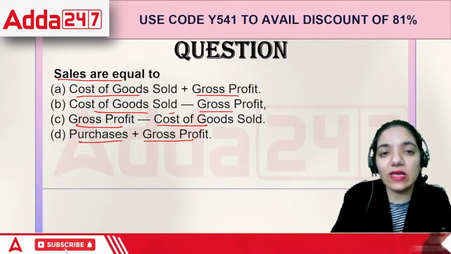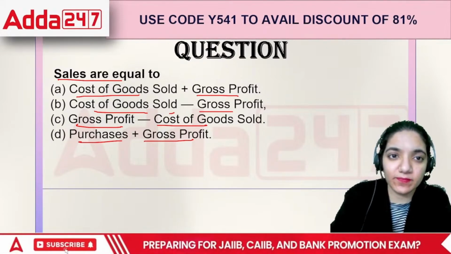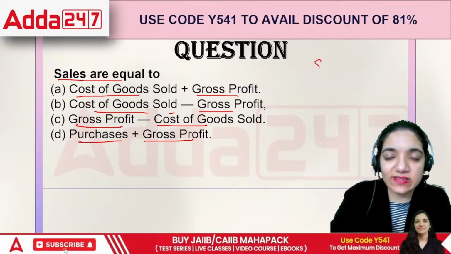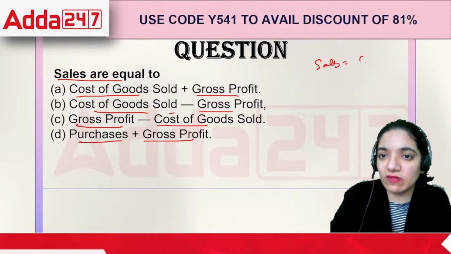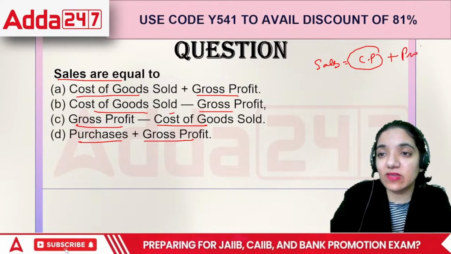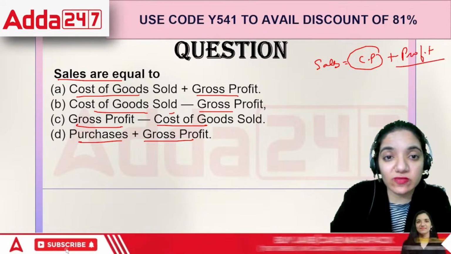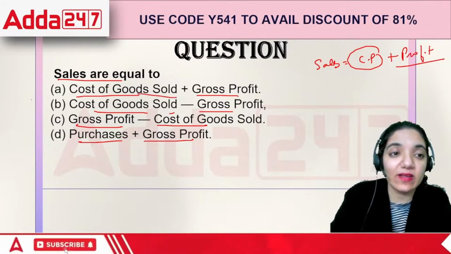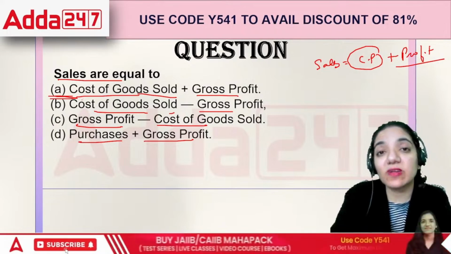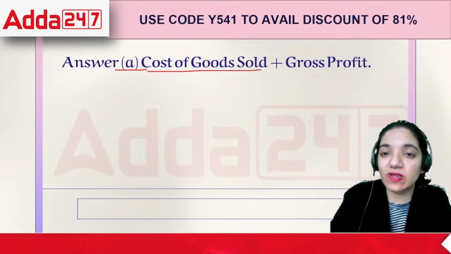If we talk about sales, sales is equal to whatever your cost would be, the cost plus we add up something. Now we cannot sell it at par. So that means we sell it at a profit. So it would be cost of goods sold plus GP. That is something which we'll define as sales. So sales are equal to COGS plus GP. So the correct answer is A, COGS plus GP.